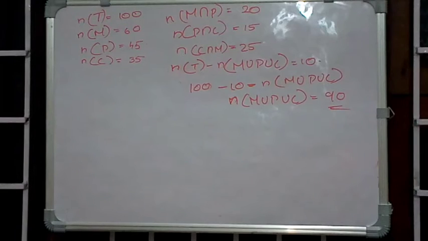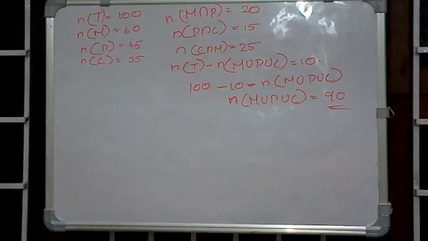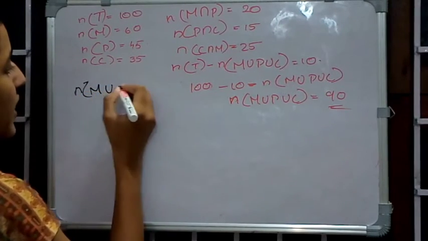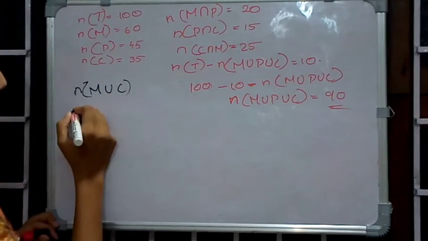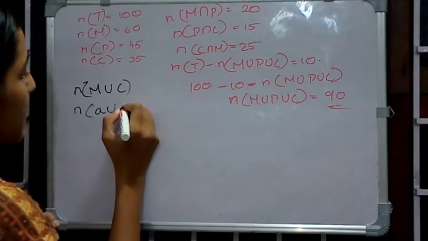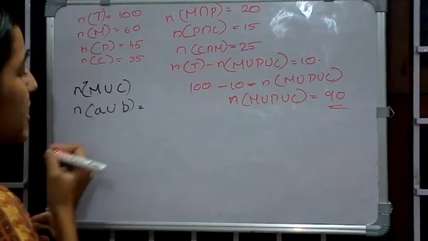Let's look at our third option. It's given that 70 students study mathematics or chemistry, which can be represented as n of M union C. This is in the form n of A union B. We have studied this formula.